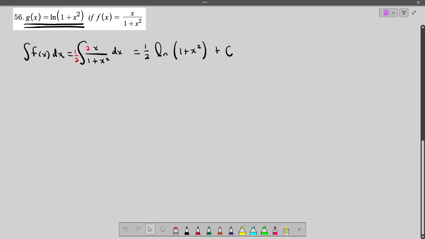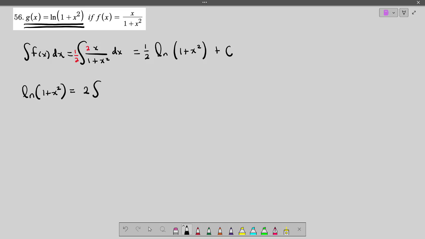So what I want to do is isolate the part that is g. The next step here, I'm going to isolate natural log of 1 plus x squared. To do that, I'm going to multiply both sides by 2 and subtract off that constant. So I'm multiplying both sides by 2.